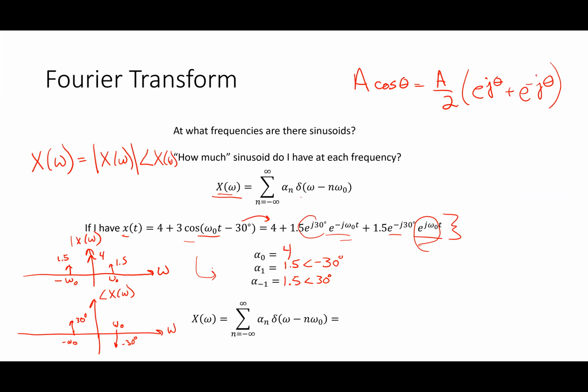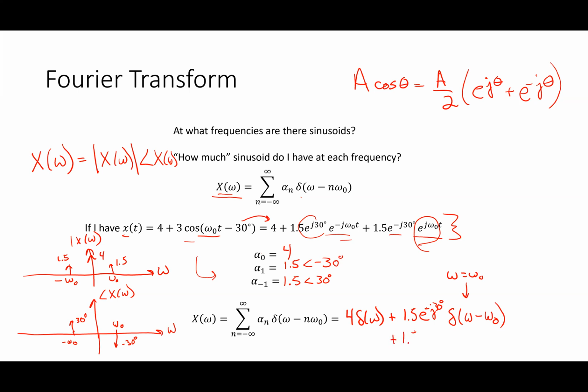If I wanted to write it in terms of those impulses, I would say, well, this guy becomes 4 delta of omega, plus 1.5 e to the negative j 30 degrees located at omega minus omega naught. This is the term at omega equal to omega naught.